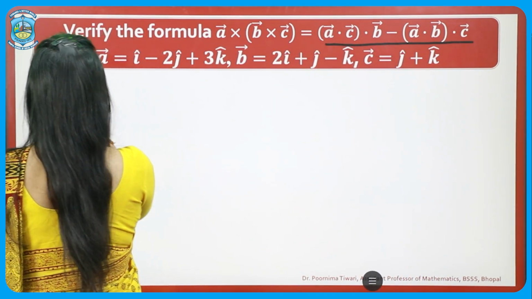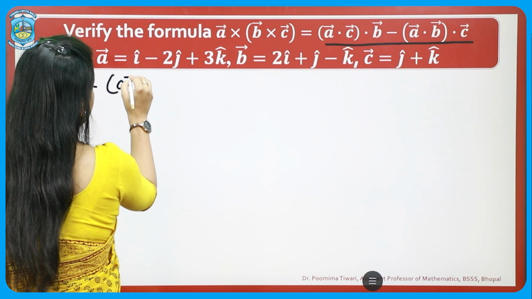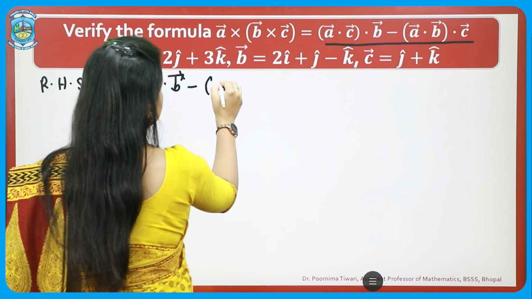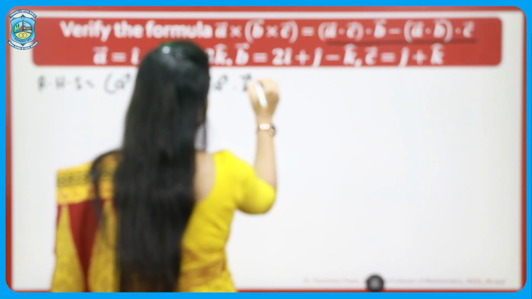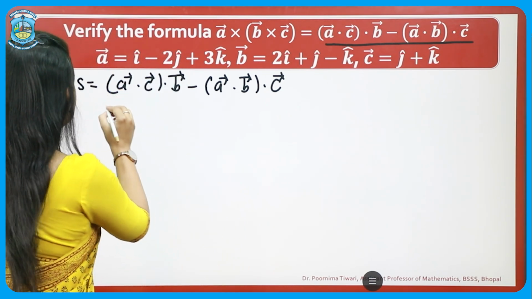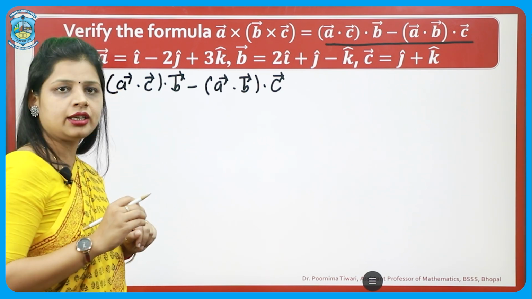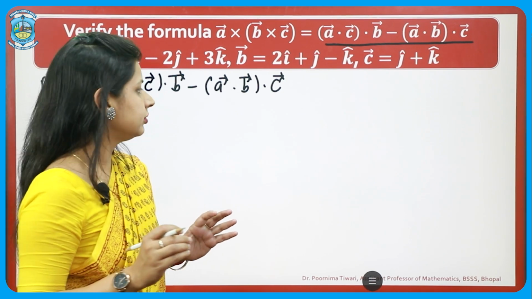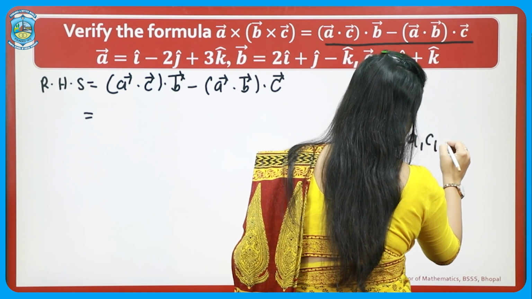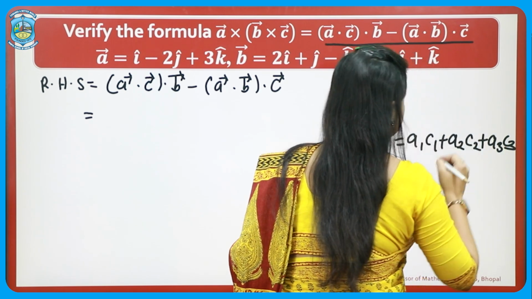So, the right hand side is A dot C times B minus A dot B times C. When we take the dot product of A and C, the formula is A1C1 plus A2C2 plus A3C3.